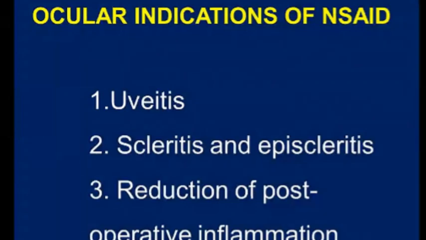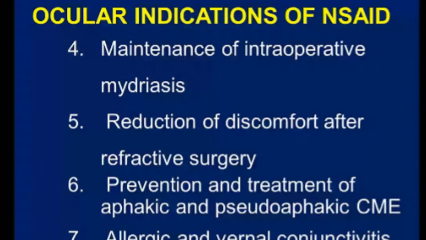The ocular indications of NSAIDs are uveitis, scleritis, and episcleritis, and reduction of post-operative inflammation. So besides using steroids, you can also use NSAIDs. Also maintenance of intraoperative mydriasis, reduction of discomfort after refractive surgery, prevention and treatment of aphakic and pseudophakic cystoid macular edema, and also for allergic and vernal conjunctivitis, but with caution in cases of corneal thinning.